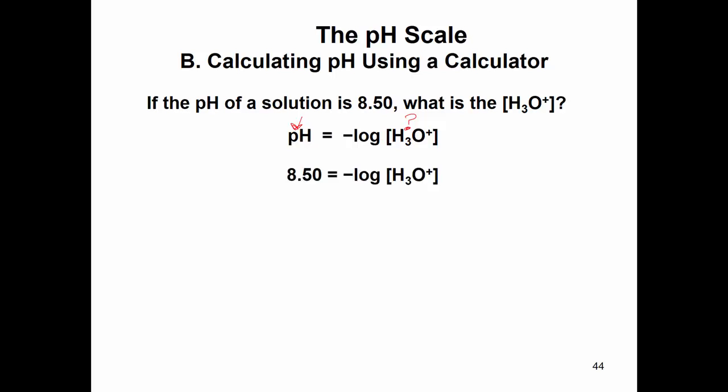Okay, and so to do this in your calculator, your pH is 8.50. So right away I know that this is a basic solution because my pH is above 7. Then I rearrange. So the negative is moved over to the pH side. Then you have to do a calculation in your calculator. If you have a calculator like mine, this is called the anti-log.